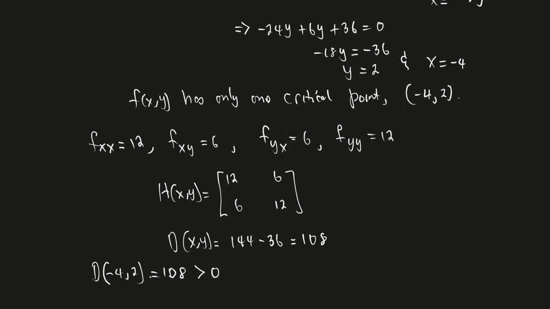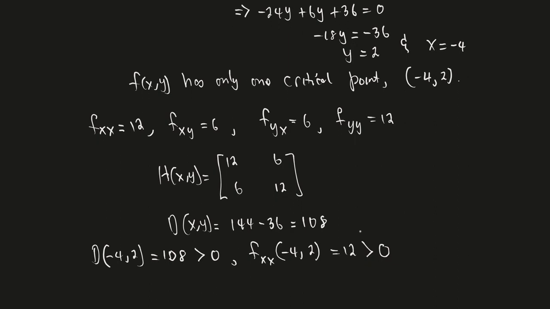And whenever D is greater than 0, then we have to check our fxx. So we're going to check our fxx, also evaluated at the same critical point. But fxx is always 12 because it's a constant, always positive. So whenever D is positive and our second partial with respect to x is positive, then it means at this point, our surface has a relative minimum.